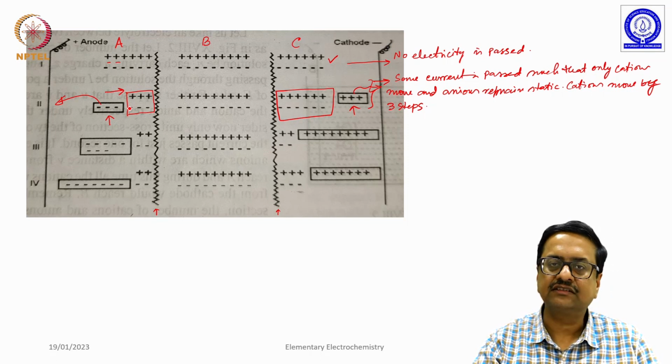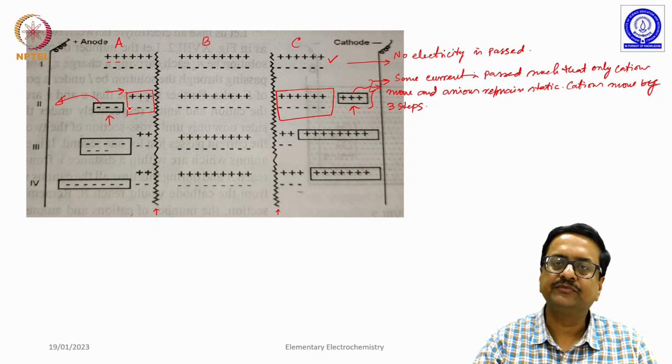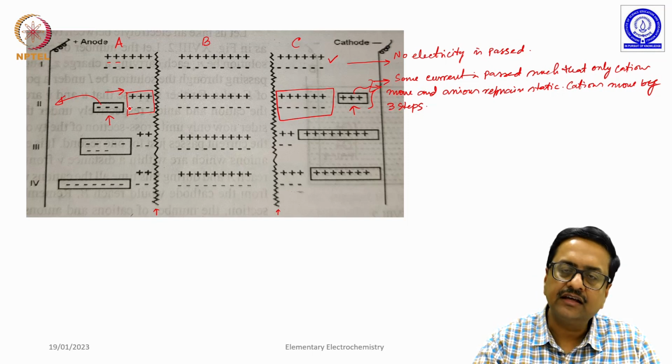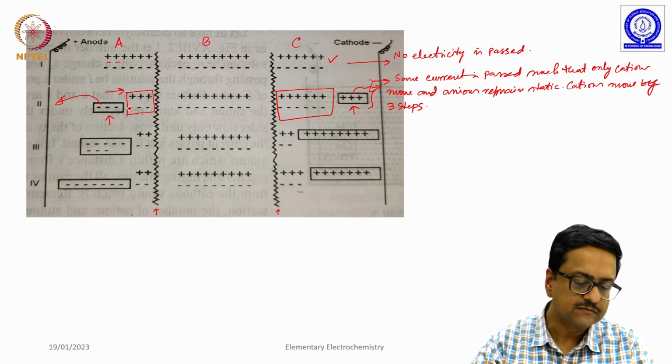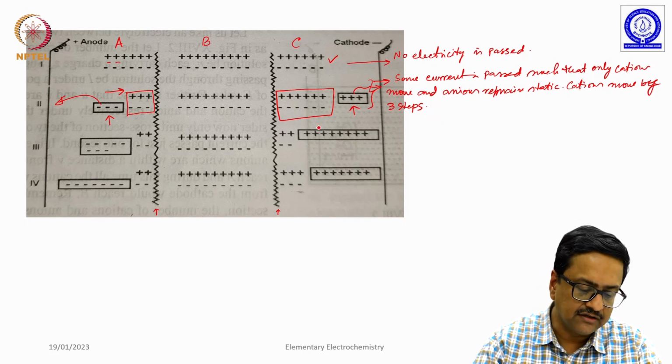This difference has come because of the 2 ions, one of them has moved and the other ion did not move at all. So, this is the second condition of assumption.